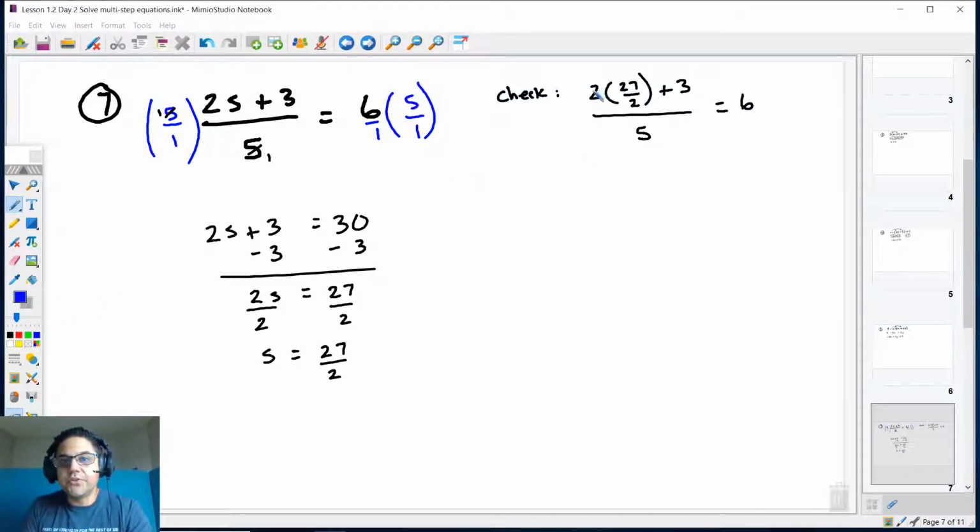So the little 2's cross cancel. So it's really just 27 plus 3, which is 30 divided by 5. And we're trying to see if that equals 6, and of course it does. So when I check, I substitute. I've got a line of work, and then I got the comparison. 6 does equal 6, so I'm good to go.